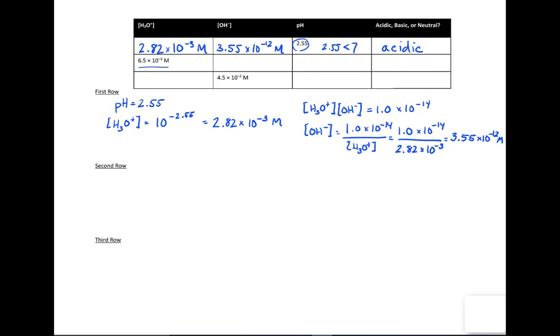In row 2, we are given the hydronium ion concentration. Let's use that first to find the pH.